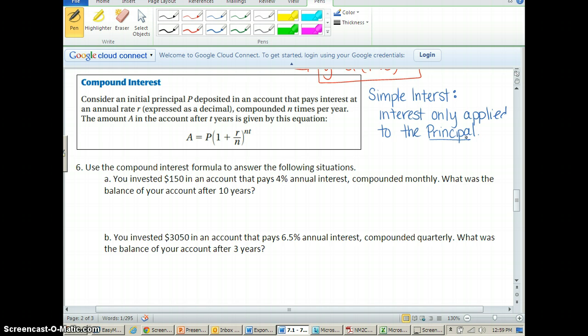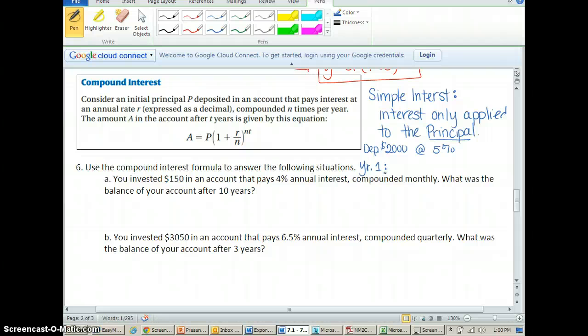Okay, so let's say that I deposit $2,000 at 5% interest. Year one, I'm going to get 5% of $2,000, which would be, I should be able to do this in my head, but I'm in a hurry.